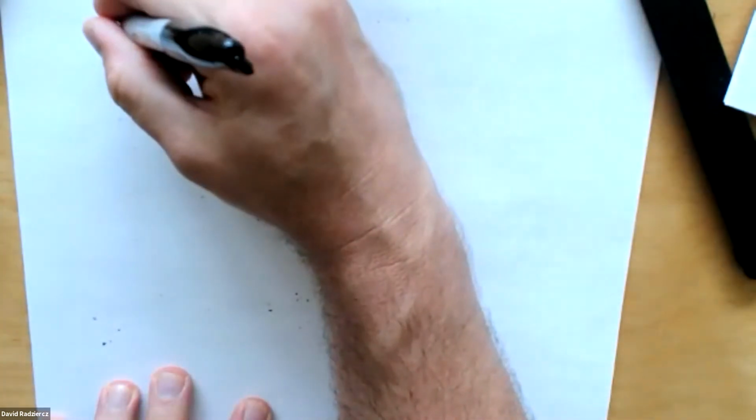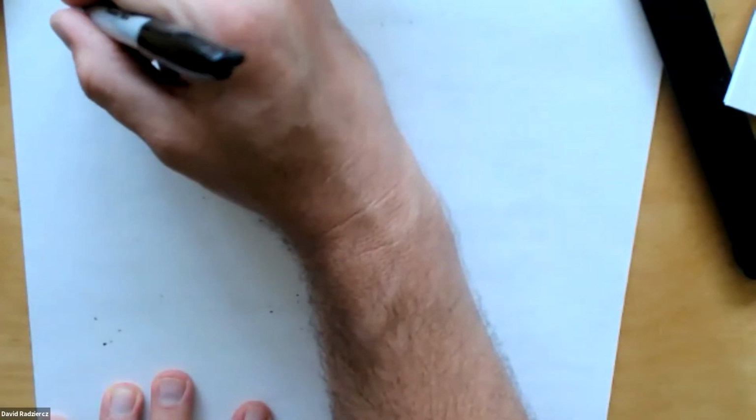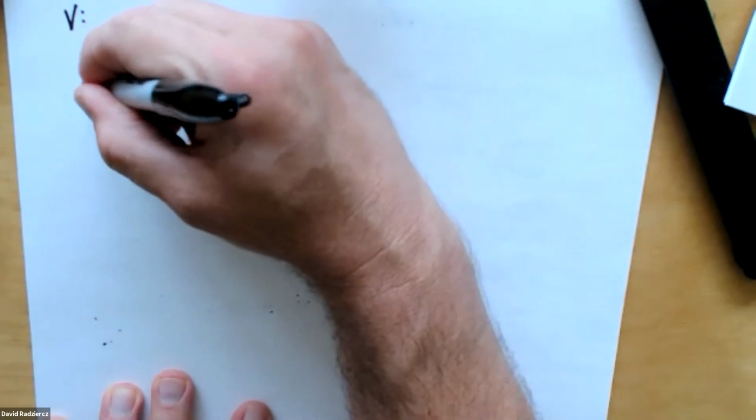All right, so the question says the patient has ordered Vistaril 50 milligrams and meperidine 45 milligrams. So we're just going to say this is the V, this is the M. And we want to know the total volume of medication for the injection.